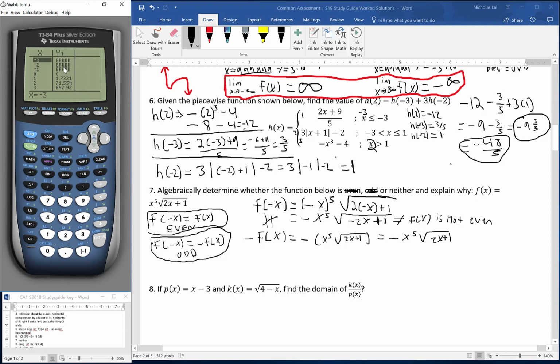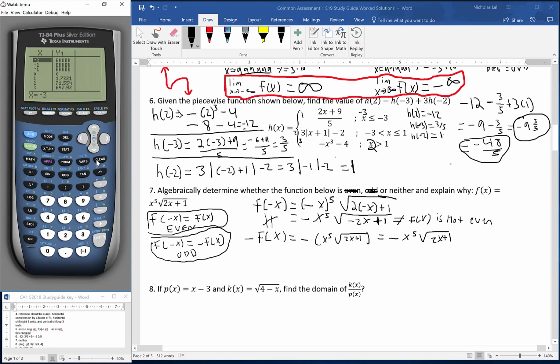You don't have symmetry here. When your x input is 1, the output is 1.73. If this function was even, when the input was negative 1, the output would also be 1.73. And if the function was odd, the output would be negative 1.73. But you don't even have an output here.